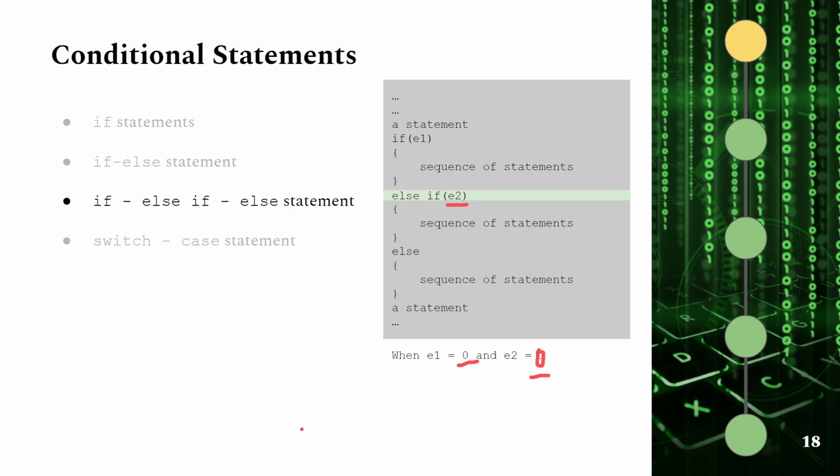Now E2 is also false, so this part over here cannot be executed. Now as else if is also false, it will go to the else part, and there is no checking over here, so nothing will be checked, it will be directly executed, and we will return to the main code. So this is how if else works.